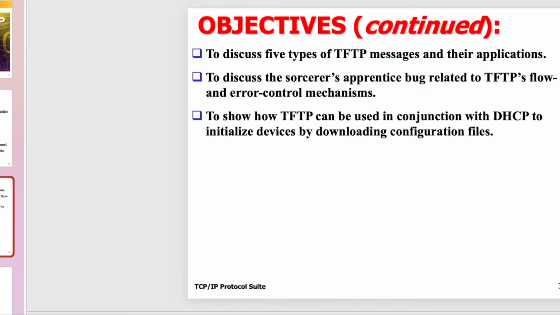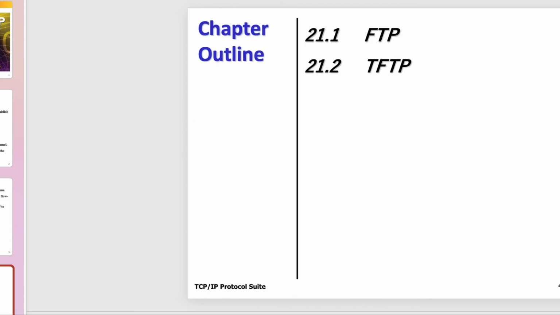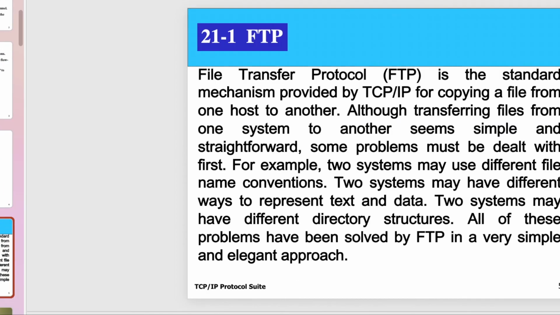The objectives continue: to discuss 5 types of TFTP messages and their applications, to discuss error control, flow control, and the use of TFTP by DHCP to initialize a device by downloading and configuring files. FTP, the File Transfer Protocol, is the standard mechanism provided by TCP/IP for copying a file from one host to another.